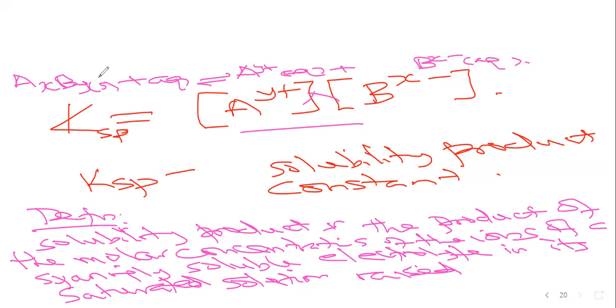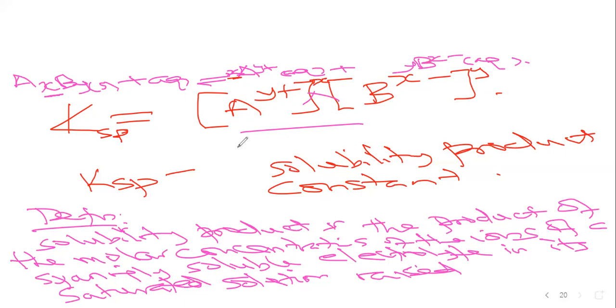This equation wasn't balanced, it must be balanced. How do you balance it? By putting an X here and then putting a Y here. So we should have powers here. Which power should be here? The power that should be here is this X, the stoichiometric coefficients in the equation. So we should have the power X here and the power Y here.